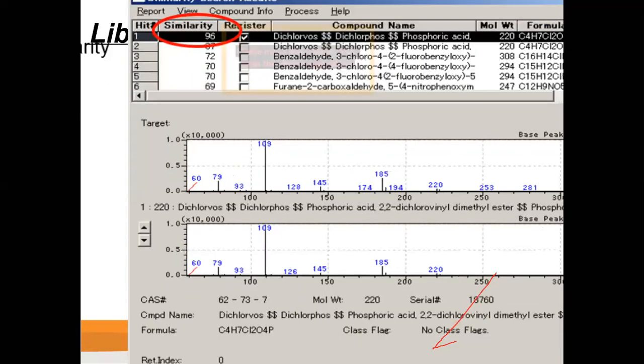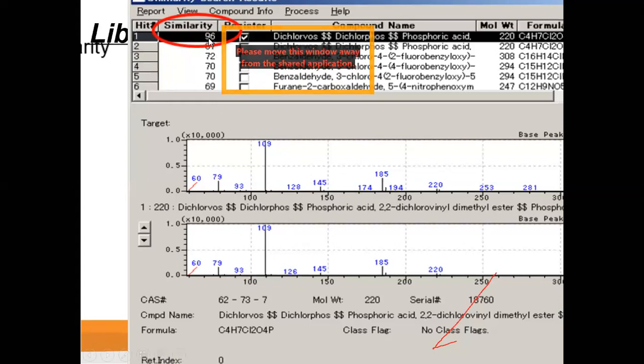How does a library work? How is the similarity checked? You can see the target: the target is what I have got from my sample for a peak, and this is a possible compound that the library has given me.